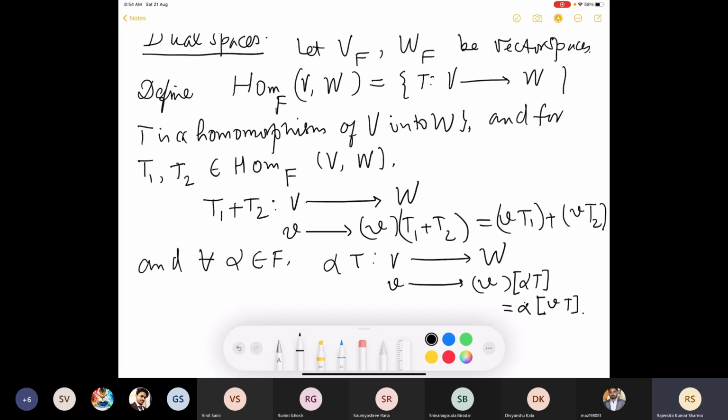The second thing is that T1 plus T2 and alpha T are both elements of Hom(V, W), that is, it is closed.